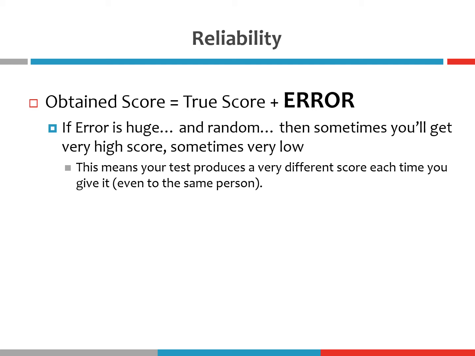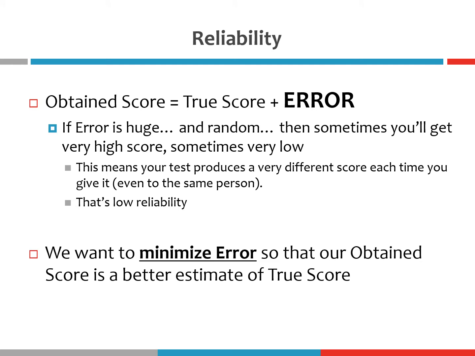This means that your measurement instrument is going to produce a very different score each time you give it, even if you give it to the same person. So that means your test is going to have very low reliability. If we want a reliable test, we want to minimize or reduce the error term so that our obtained score is a better estimate, or a better approximation, of the true score.